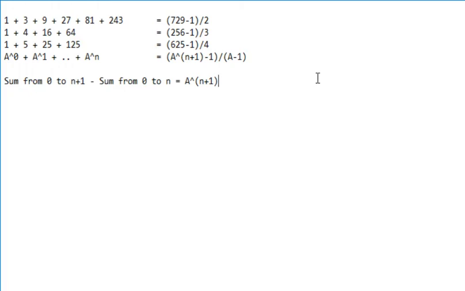And if you take this term I wrote over here, and instead of n, you put n plus 1, so this n is going to be n plus 1, and this one is going to be n plus 2. So you have the n plus 2 term minus this equals a to the n plus 1.